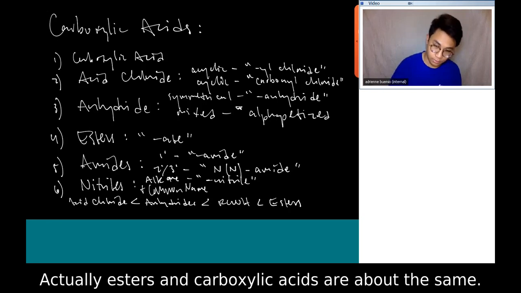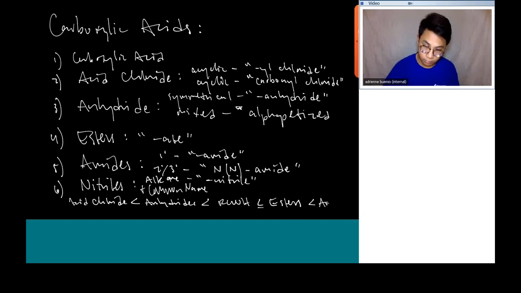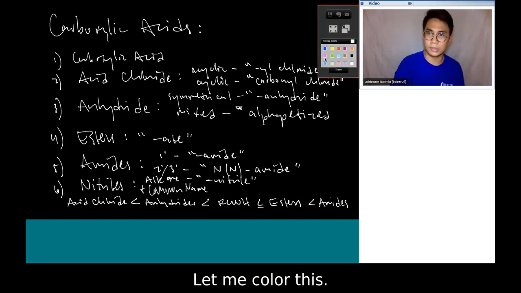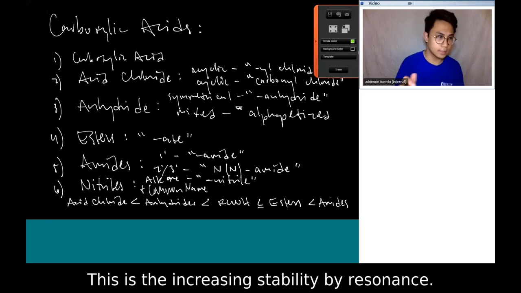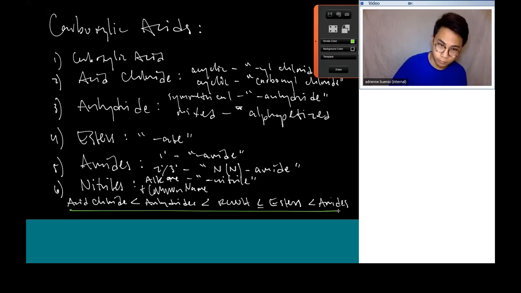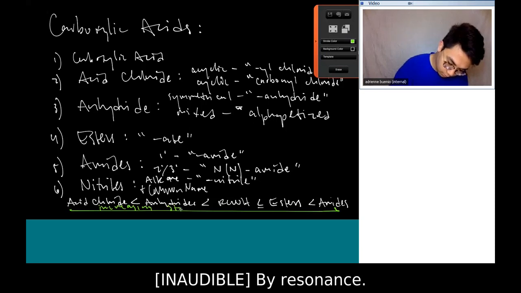Actually, esters and carboxylic acids are about the same. And then amides are the best ones of them all. Okay, so let me color this. This is the increasing stability by resonance.